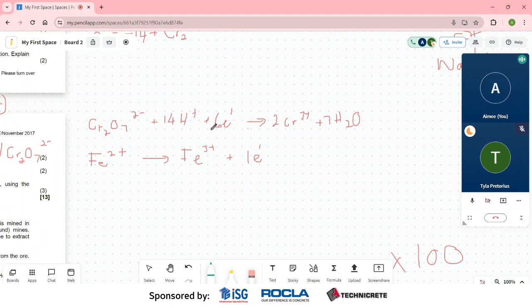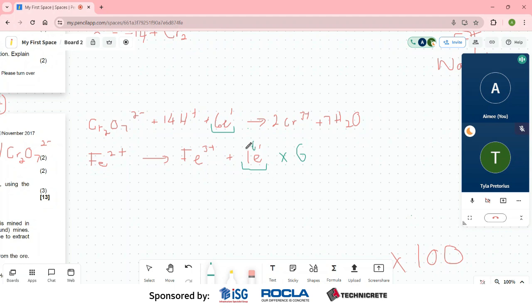Okay, now the problem when you're trying to balance these reactions is that you need to have the same number of electrons in reaction number one on the left-hand side of the equation as you do on the right-hand side of the equation in your second reaction, okay? And the only way you can do that is by multiplying one of the reactions by a lowest common multiple. And that is multiplying this entire reaction by 6.